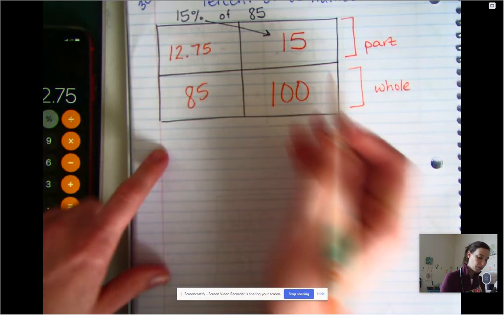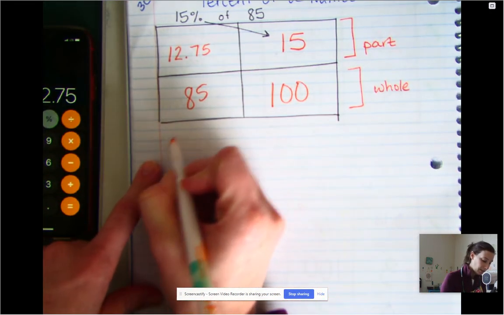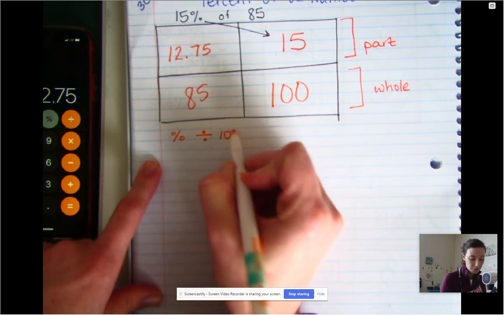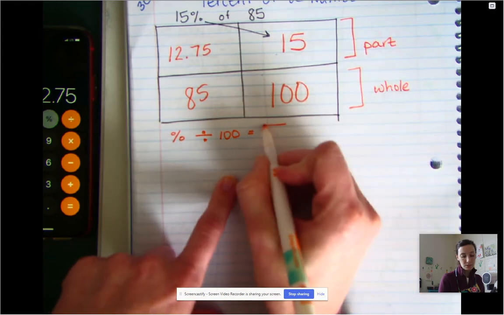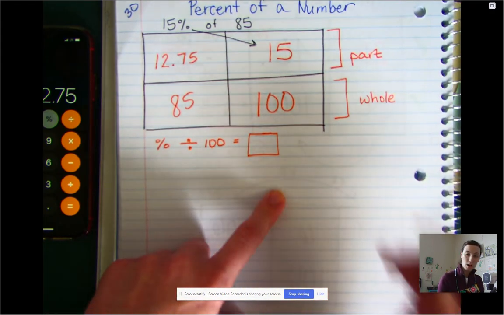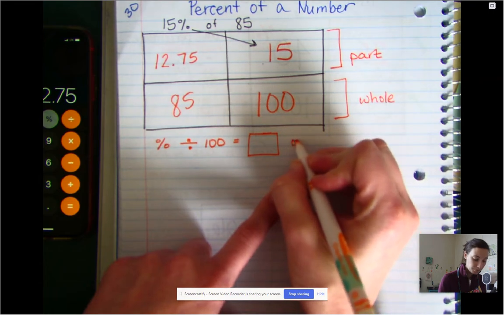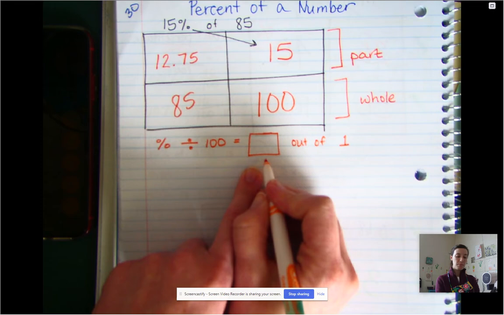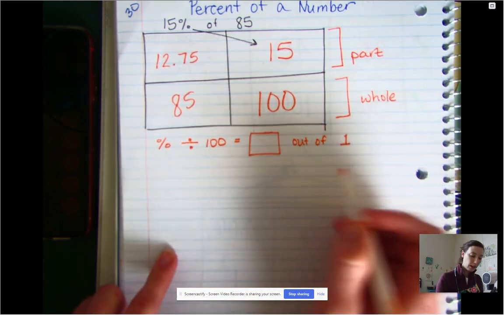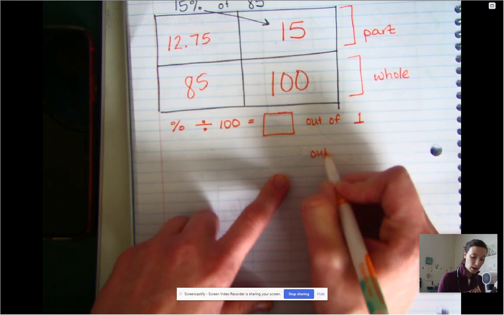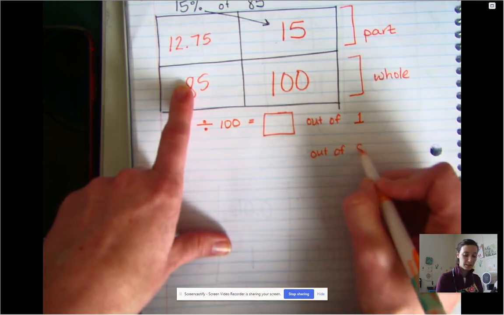So I do the percentage divided by 100, and that gives me the number it would be out of 1. So then I take this number and I want to turn it into how many out of my new whole, in this case 85.